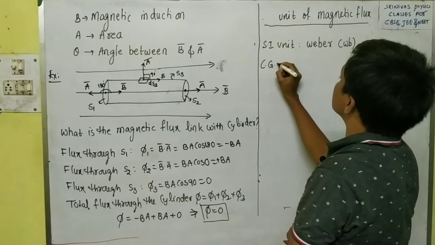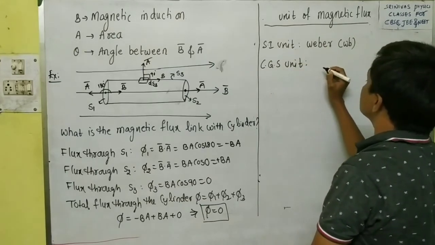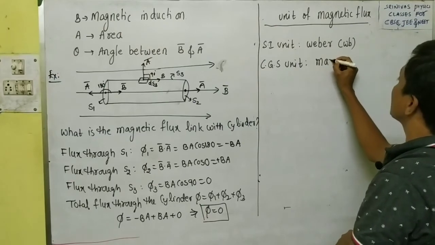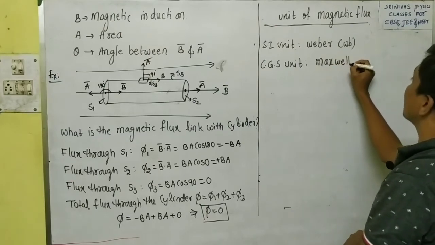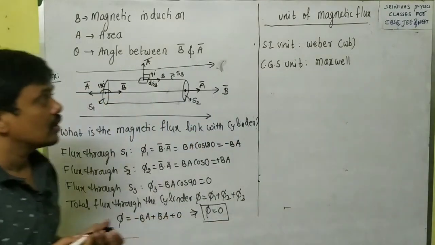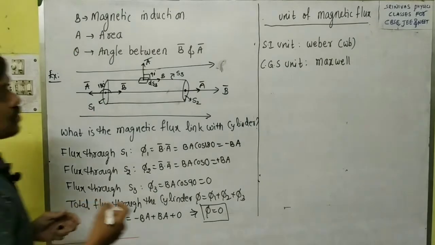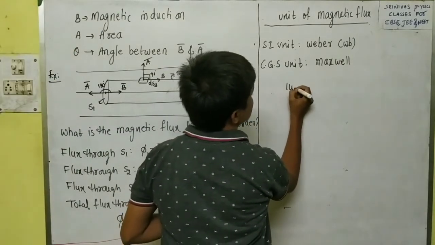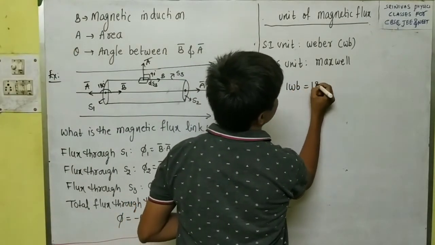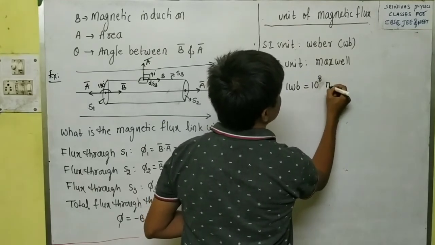The CGS unit is Maxwell. What is the relation between the Weber and Maxwell? 1 Weber is equal to 10 to the power of 8 Maxwell.